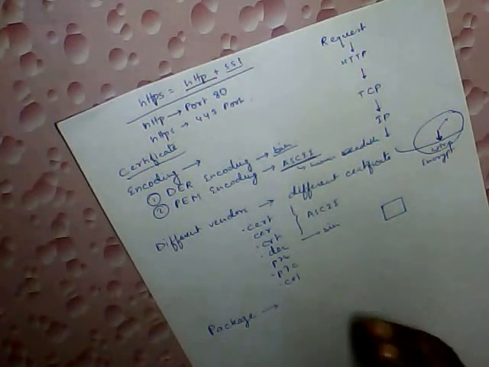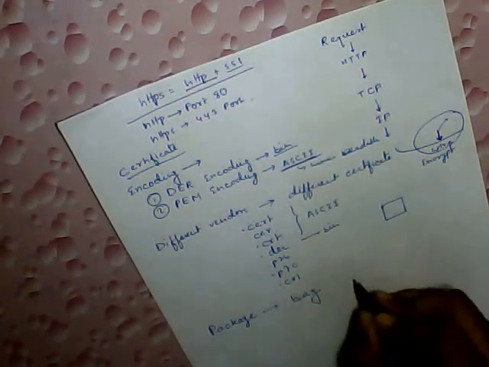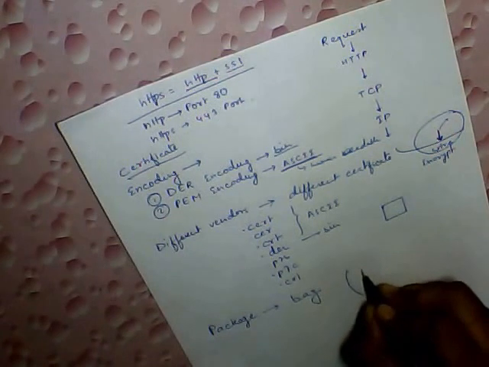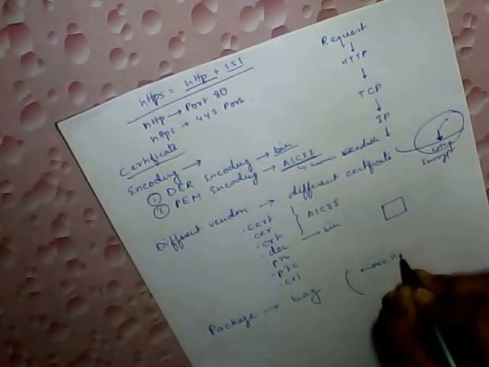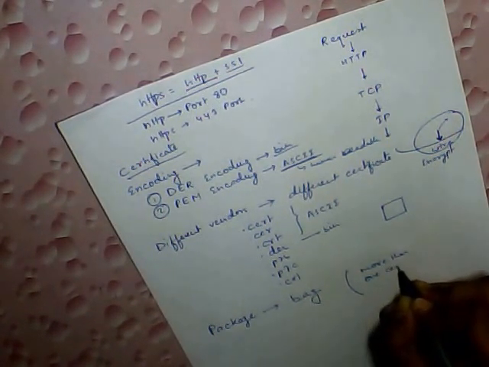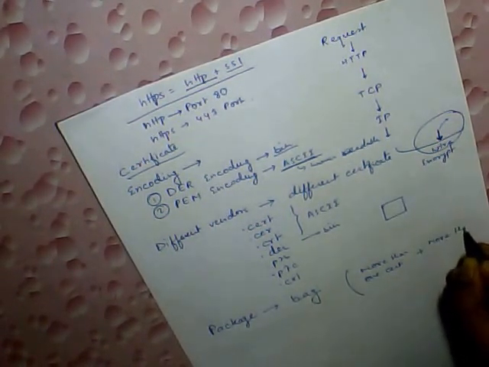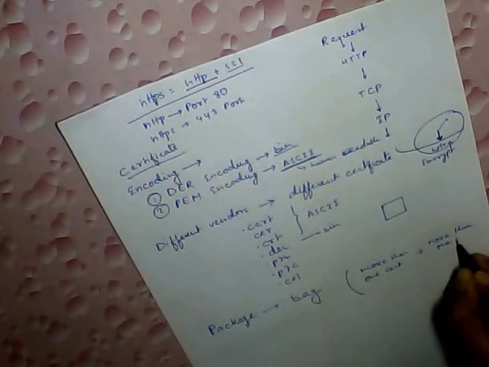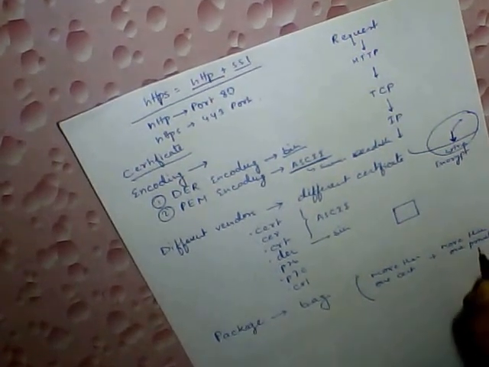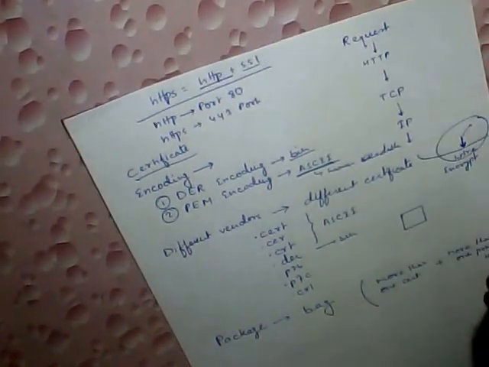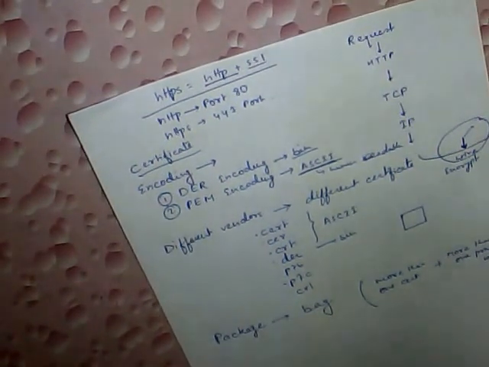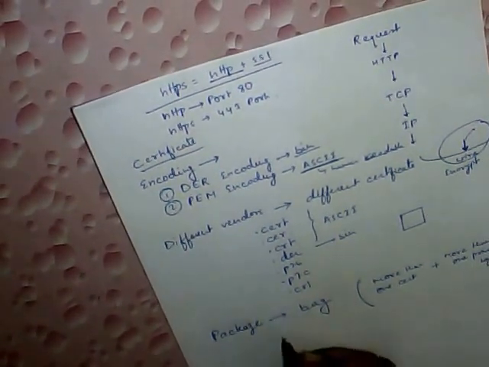Now talking about the package. A package is basically a bag where we can keep more than one certificate plus more than one private key. Private key I have not talked about right now, I'll come to it later on.